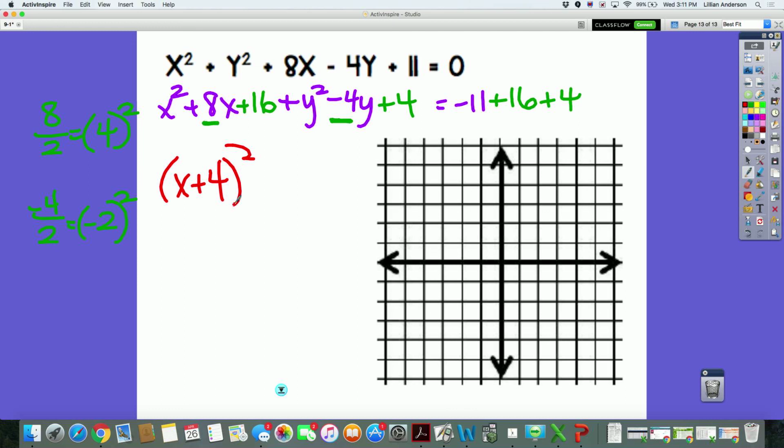Do the same thing with the y's. What's y squared minus 4y plus 4 when you factor it? It's y minus 2 times y minus 2, or y minus 2 squared. What's negative 11 plus 16 plus 4? 9. There's your 9 in the equation of the circle.